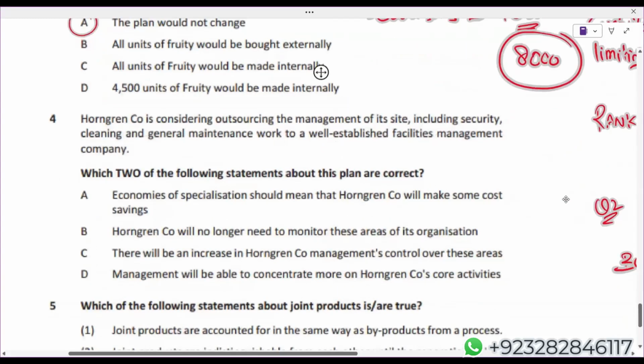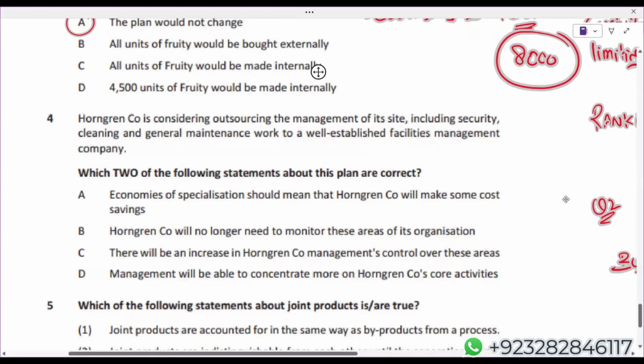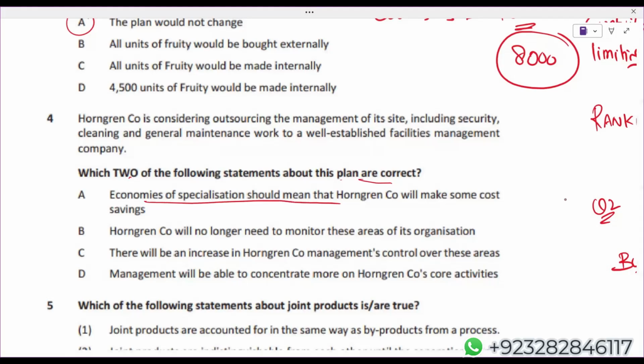Edge company is considering outsourcing the management of its site, including security, cleaning, and general maintenance work, to a well-established facilities management company. Which two of the following statements about this plan are correct? Economies of specialization should mean that Edge company will make some cost saving. That is true. Normally, when we are outsourcing work, of course, we don't outsource the core work, we outsource non-core work.